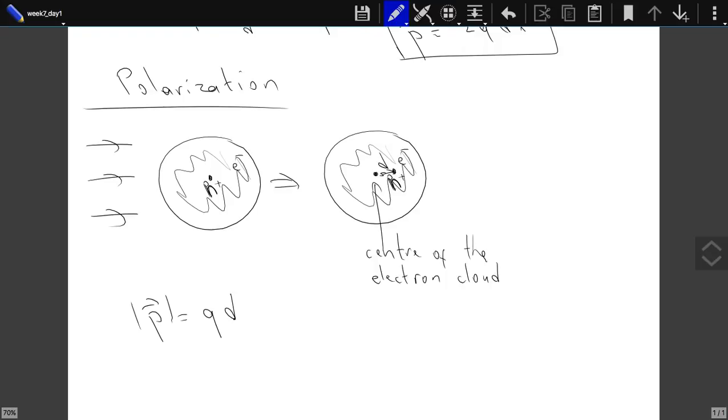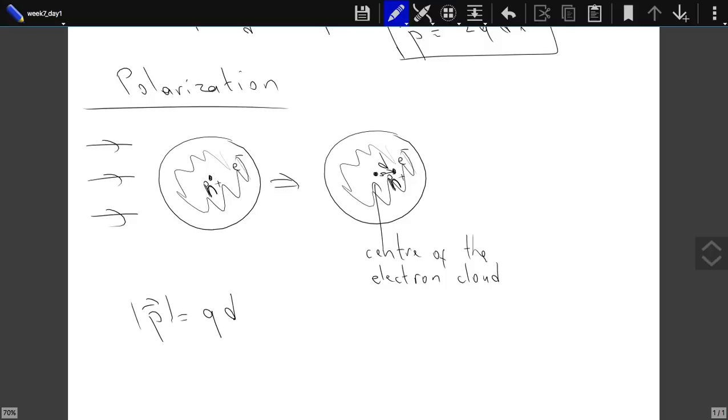I mean, why does the nucleon stop there? So we have this external force acting on the nuclei and the electron, and they're also exerting forces on each other.